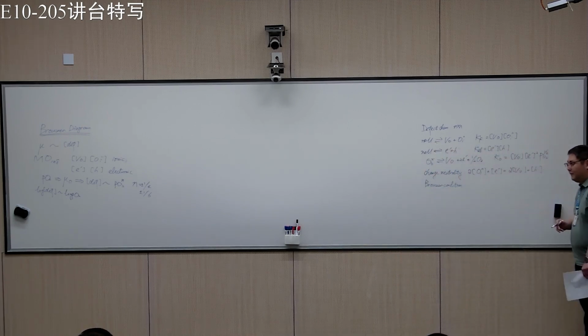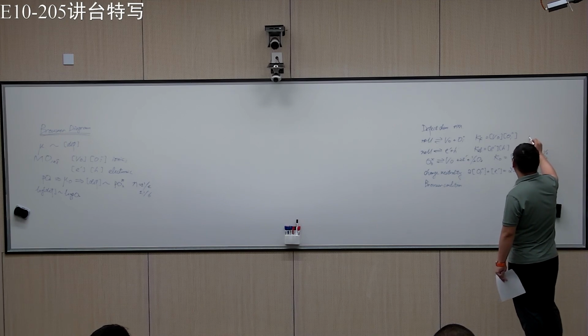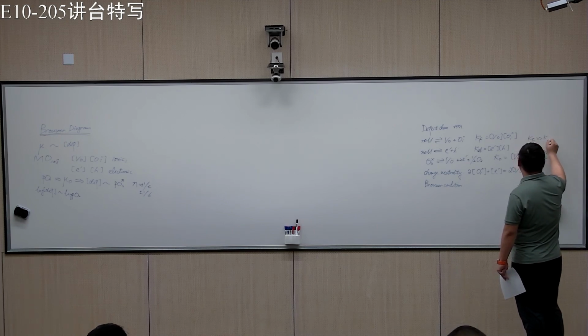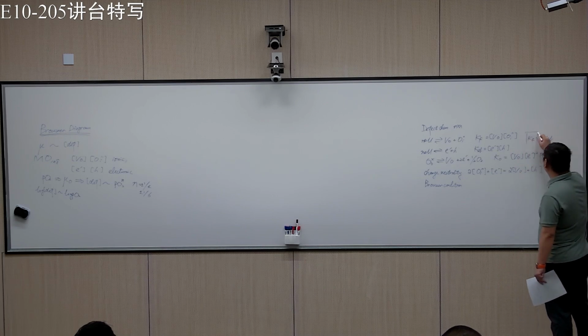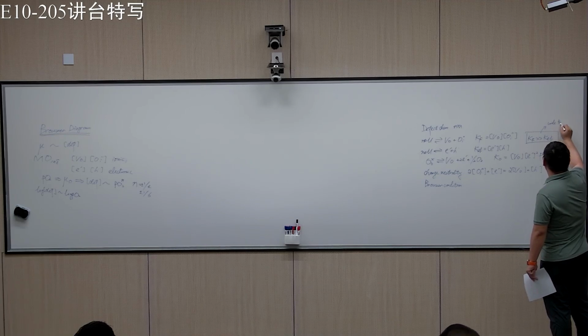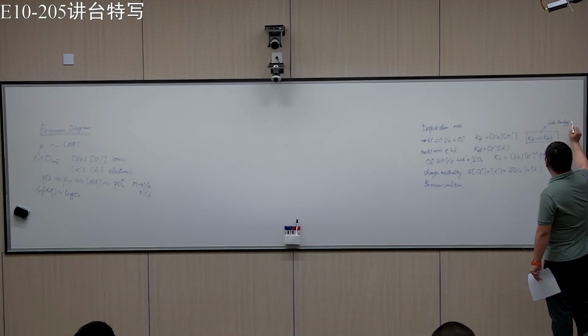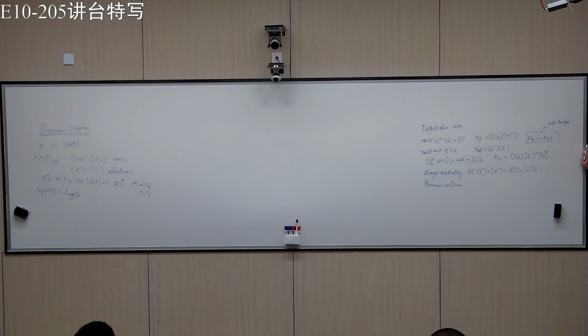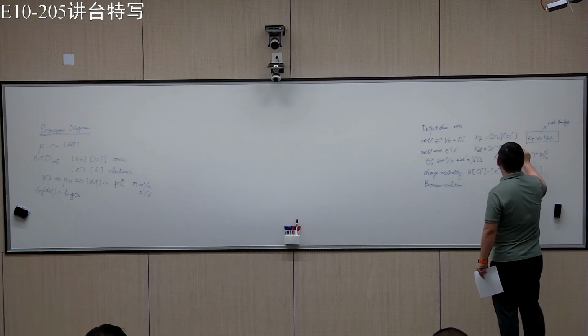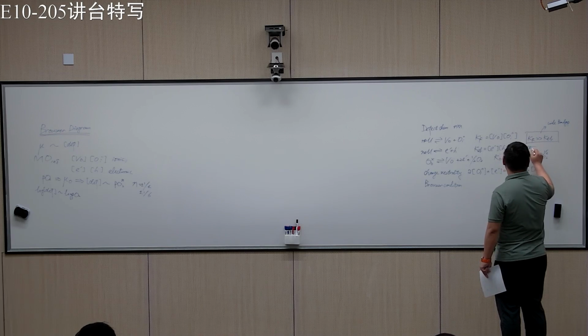The Brouwer condition basically says we pick two majority defects depending on where we are and try to simplify the charge neutrality. For example, if Kf is much larger than Kel, this means that the oxide has a wide band gap. Why is that the case? Because we know Kel is the exponential of minus Eg over kBT.